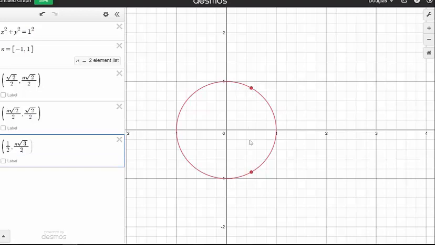Again, note that these coordinates are right on top of each other because they share the same x-coordinate. Go ahead and compare that with the other coordinate that we found. Note that this is closer to the top, or higher up on the circle if it's on top, or further down when you're underneath, than the point that we found before.